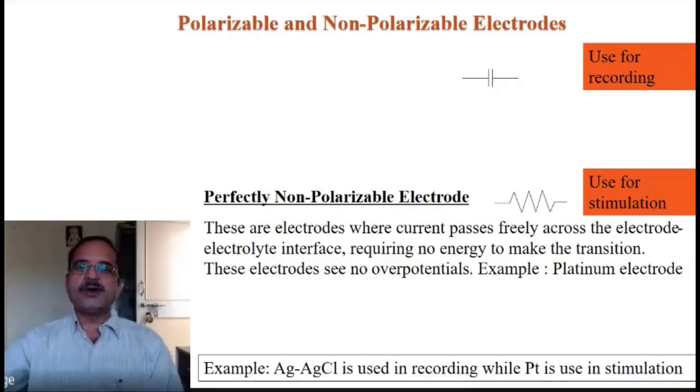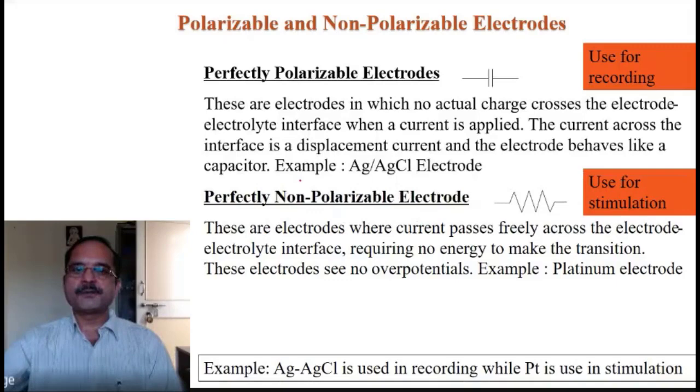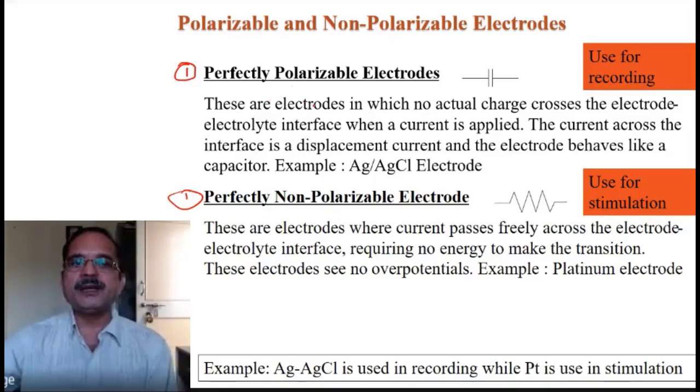Now what is the effect of this polarization, whether it is desired or not? Based on polarization, there are two types of electrodes: perfectly polarizable electrodes and perfectly non-polarizable electrodes. Polarizable electrodes are those in which no actual charge crosses the electrolyte interface when current is applied.